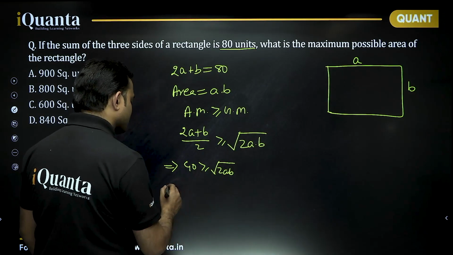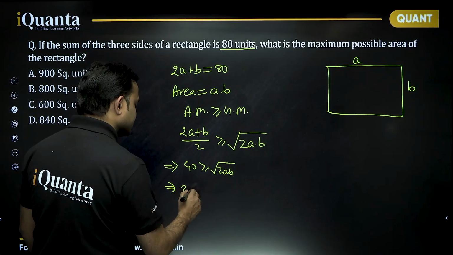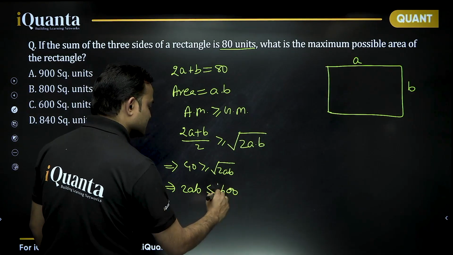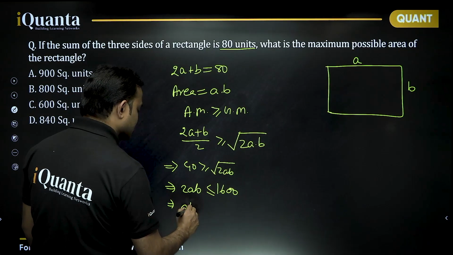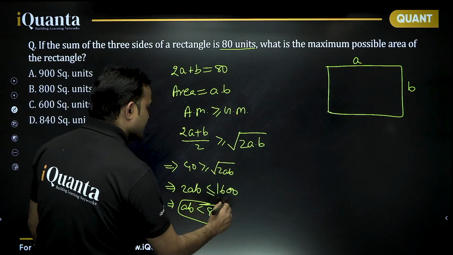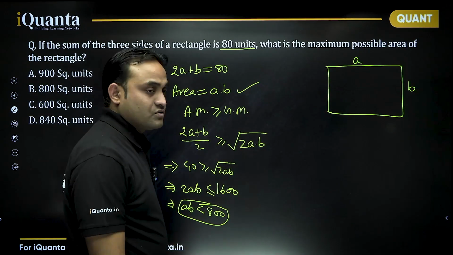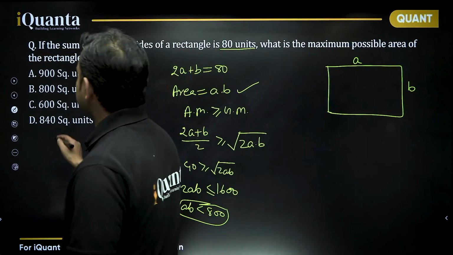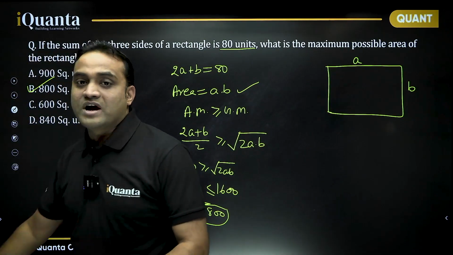Now if we take the square on both sides, 2AB must be less than or equal to 1600, or AB must be less than or equal to 800. And AB is nothing but the area we are looking for. So the maximum area of this rectangle is option B, which is 800 square units.